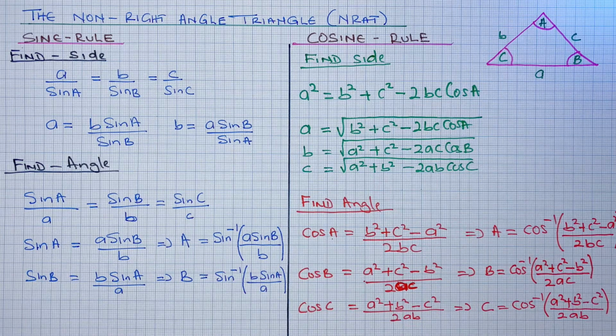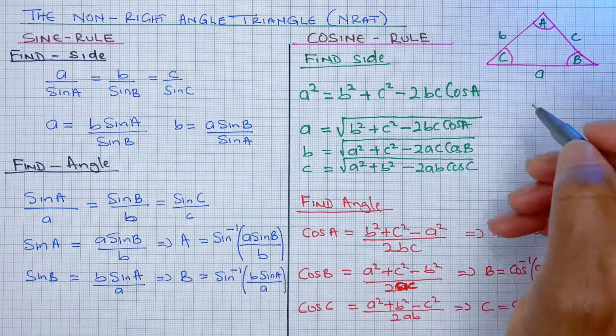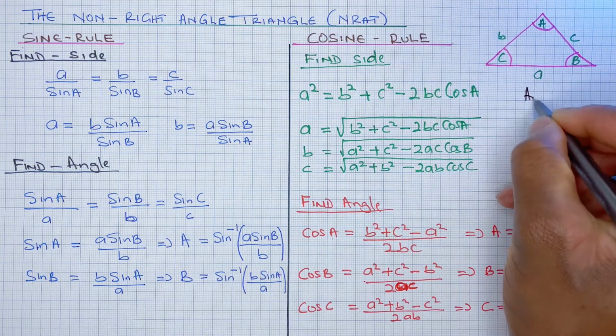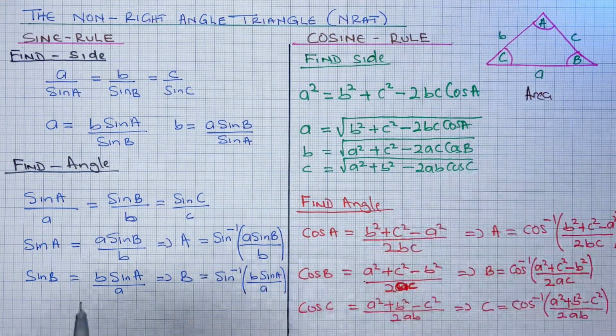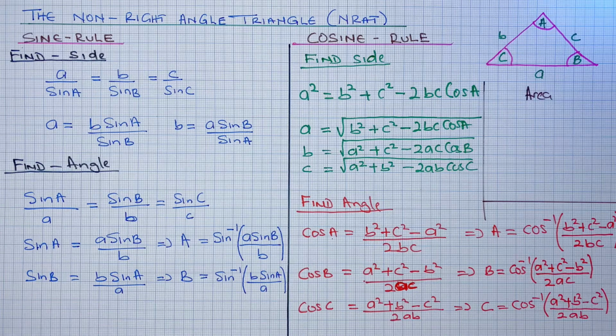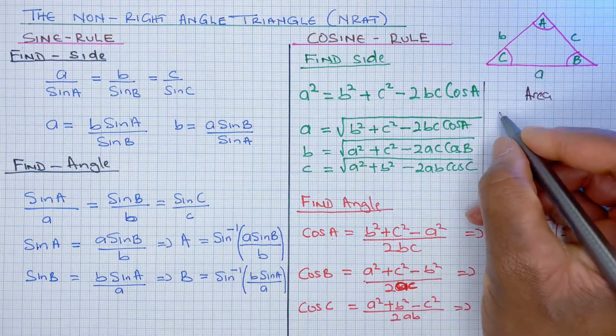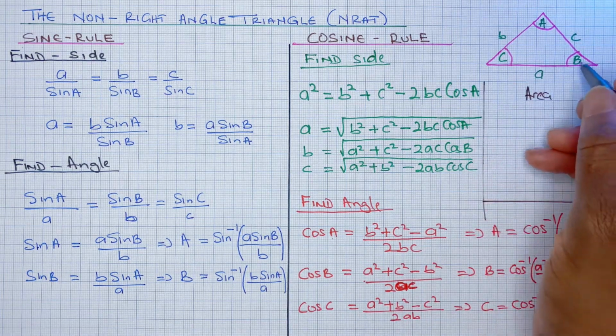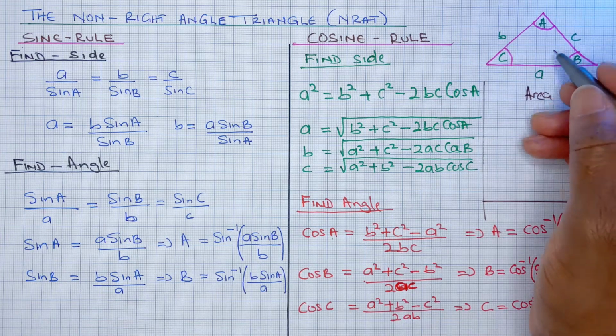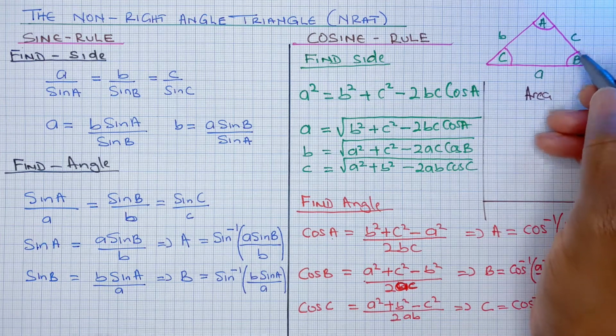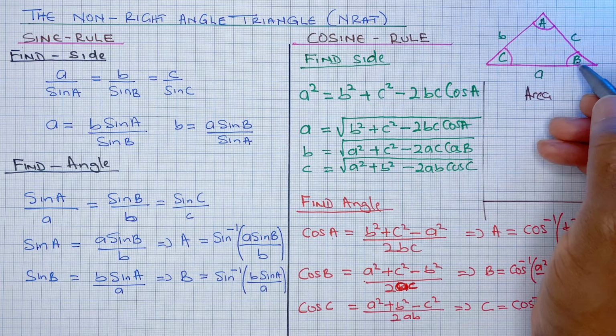To find the area of a non-right angle triangle, you always take the two sides adjacent to the angle.